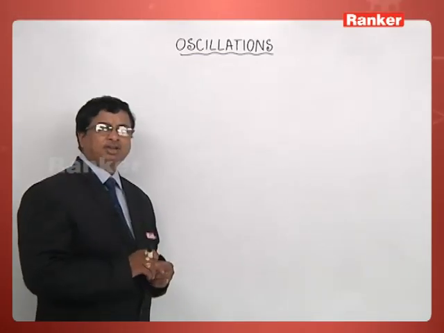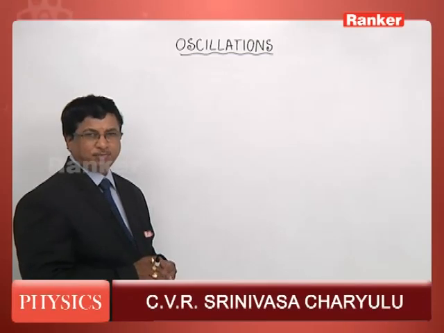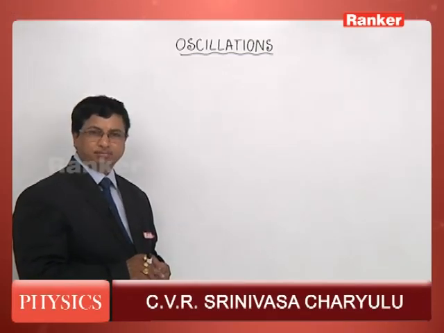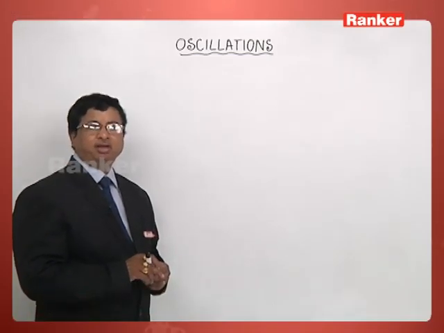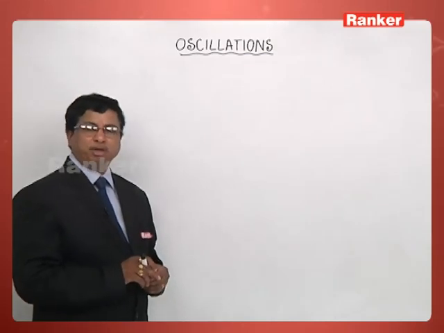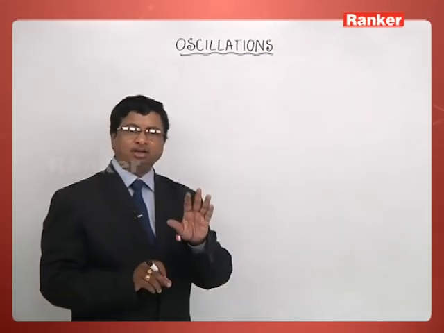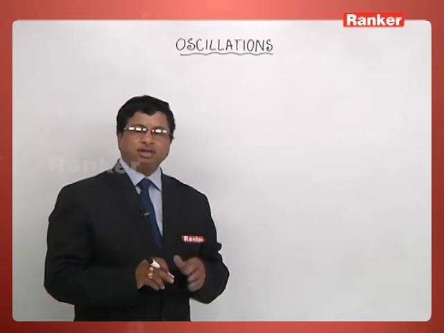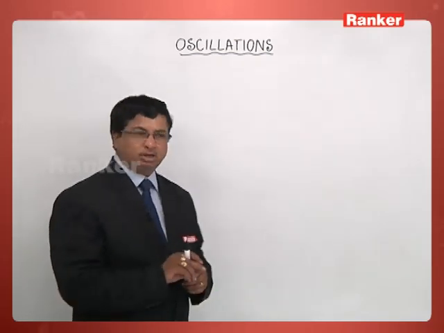Let us consider another example for simple harmonic motion, where a simple pendulum is made to oscillate inside a liquid. The density of the liquid will be provided to us.